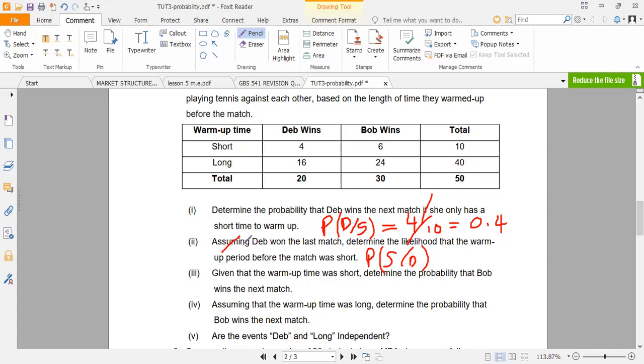So I've given you the computation. What do we put here? 4 for short over the total that she wins, 20. You get 0.2.